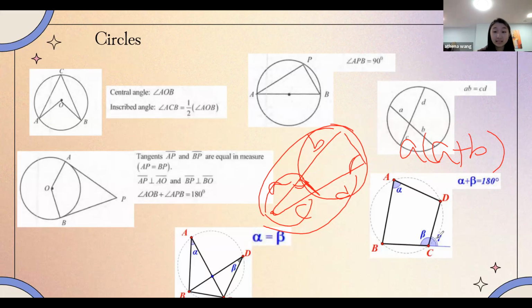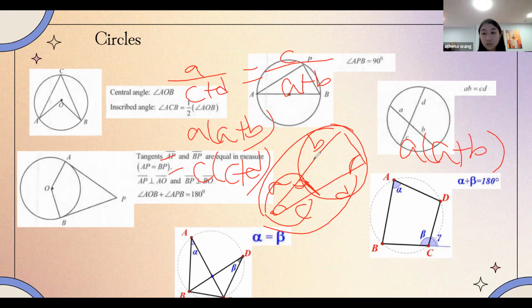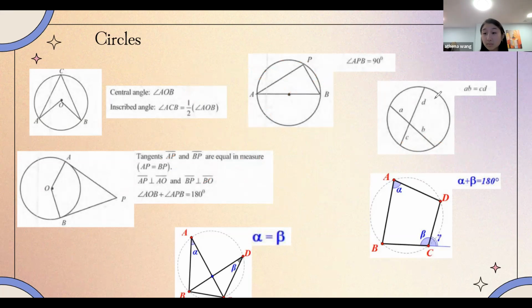Because we know that the first angle is equal to the second angle and they also share this angle here, we know that A over C plus D is equal to C over A plus B. So that gets us our A times A plus B is equal to our C times C plus D. You can just memorize these, but they're probably not going to really appear on the SAT.